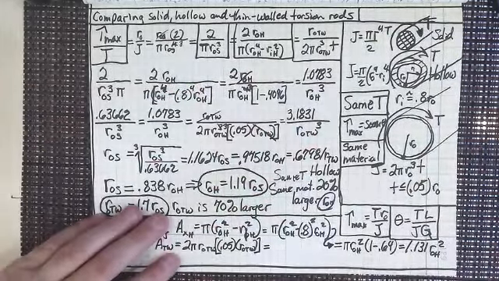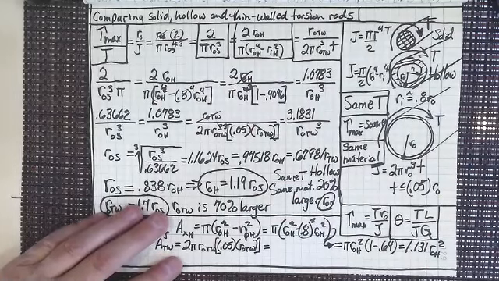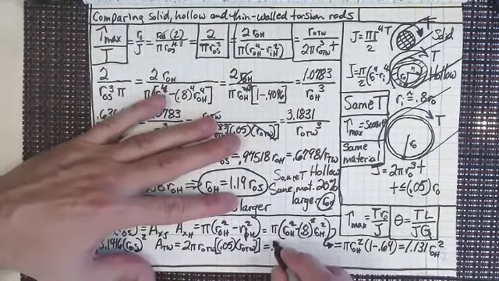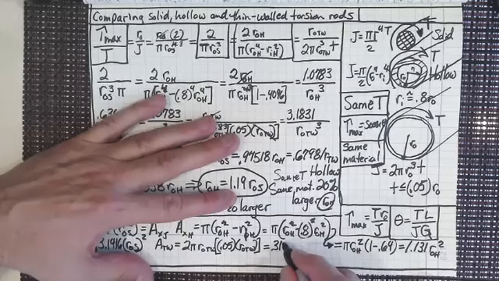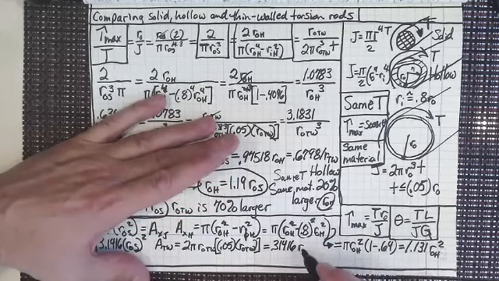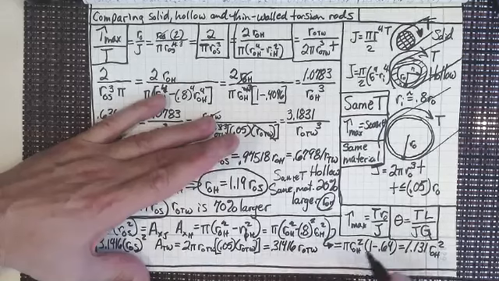So let's just pop that in there. 2 times pi times 0.05 gives us 0.31. Well, of course it does. 0.31416 r outer of the thin-walled.